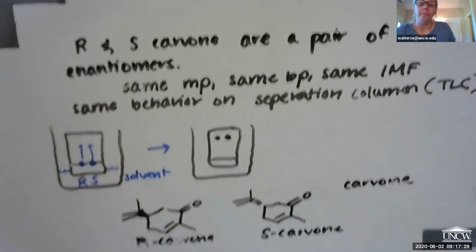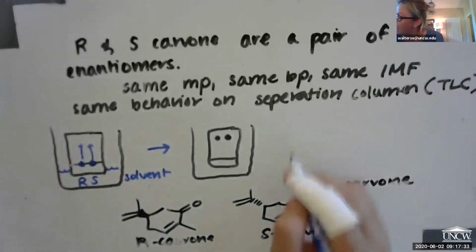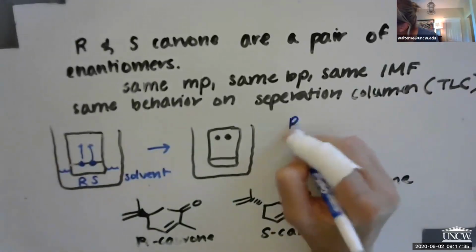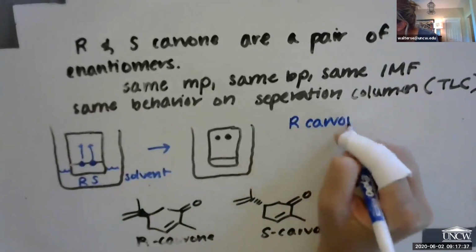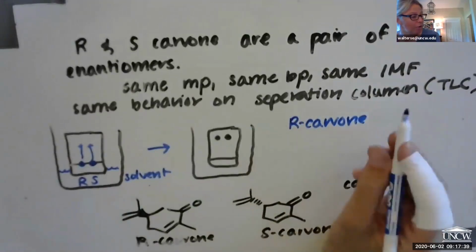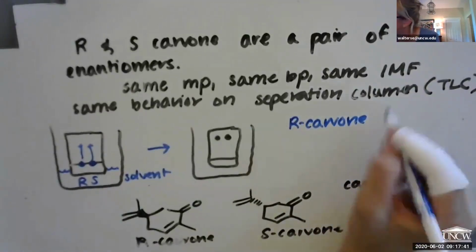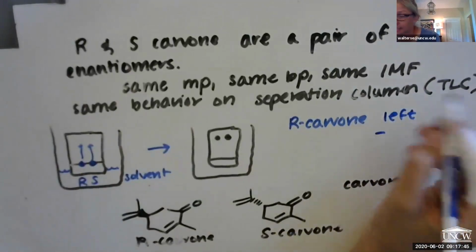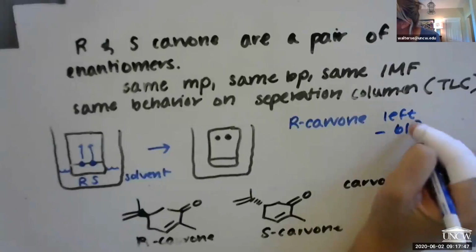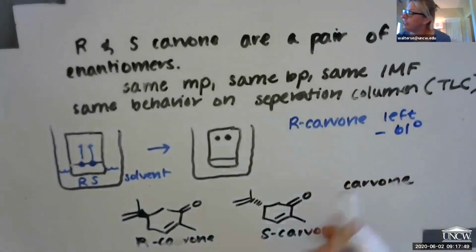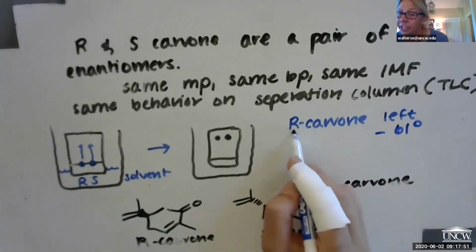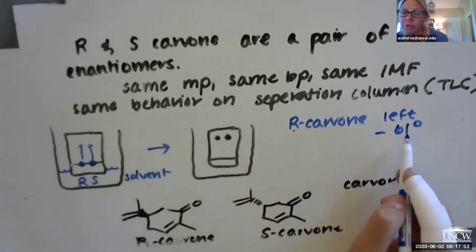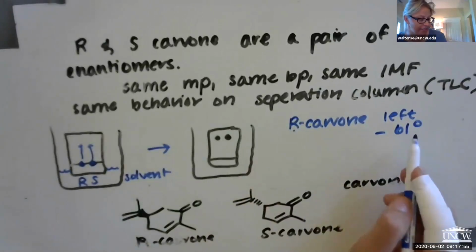Okay, but in terms of their rotation of light, R carvone rotates light to the left, which is given a minus, by 61 degrees. Okay, so here's an example of an R stereochemistry molecule that rotates to the left.